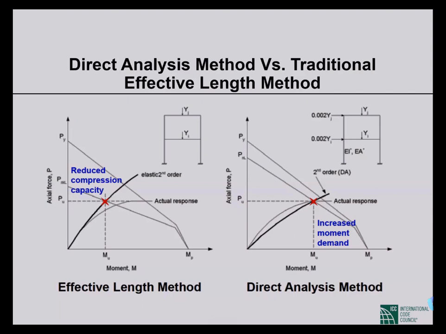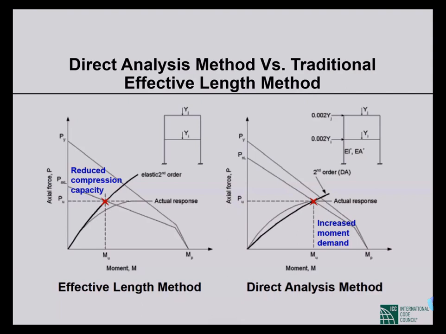So that is the capacity. We overestimate the axial capacity and we underestimate the flexural capacity. Okay, so that's the problem.